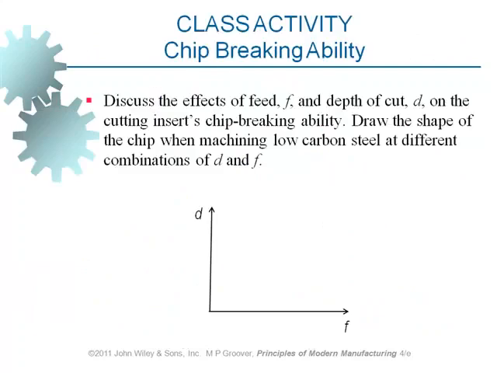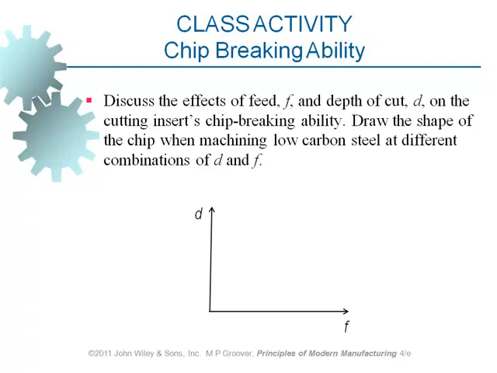Okay. Now I'm asking you to spend a few minutes on this activity. What we have got here is actually a diagram. On the vertical axis we've got depth of cut. On the horizontal axis we've got feed.